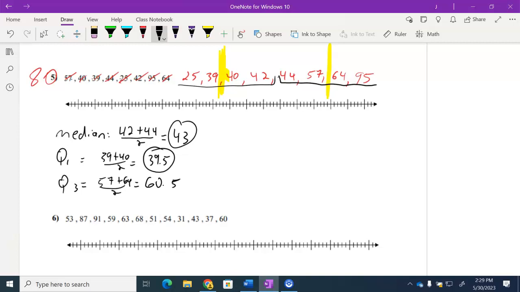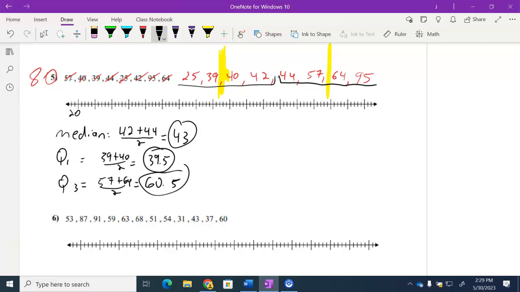All right. So once you have those, then you're ready to create your box and whiskers. Remember, your minimum and maximum are the endpoints. This number line looks kind of weird. Let's start here at 50 maybe. No, like 25.